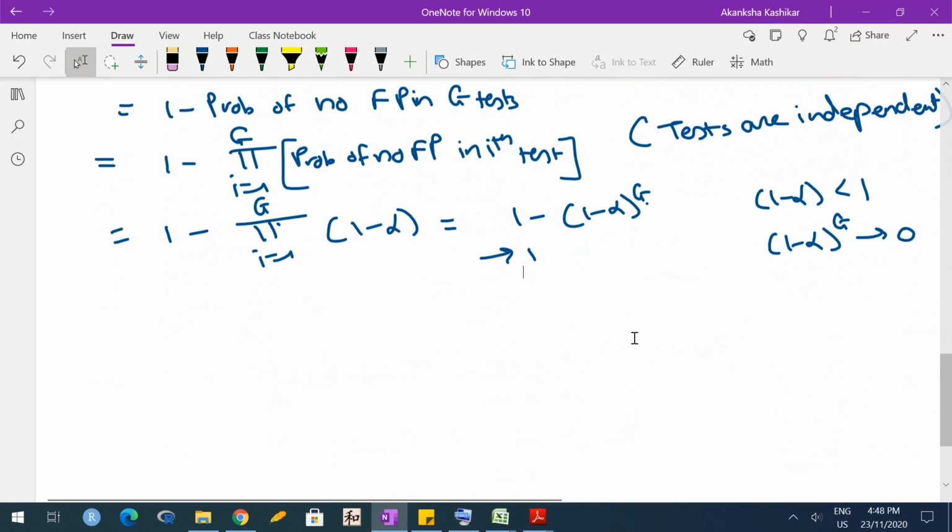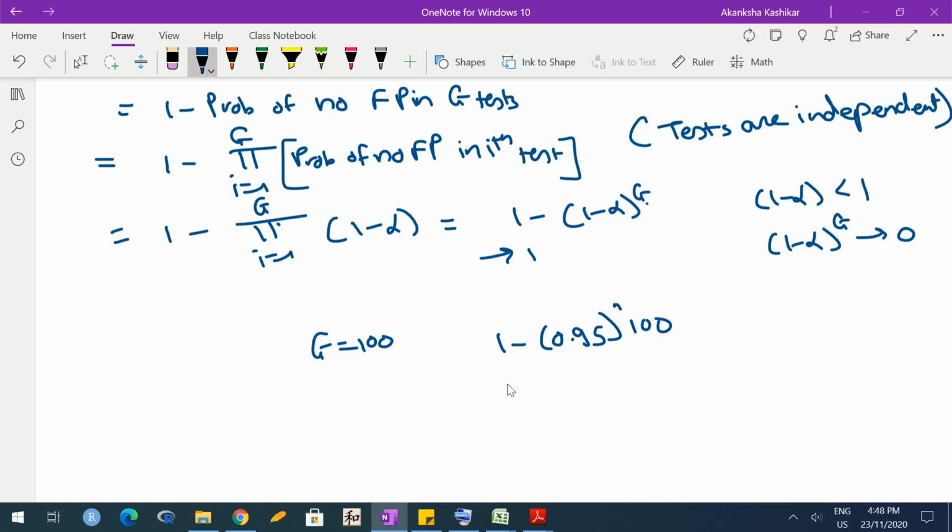Say, let me take G equal to 100. So this probability is 1 minus 0.95 raised to 100. So what is 0.95 raised to 100? It is already almost close to 0. It is 0.006.